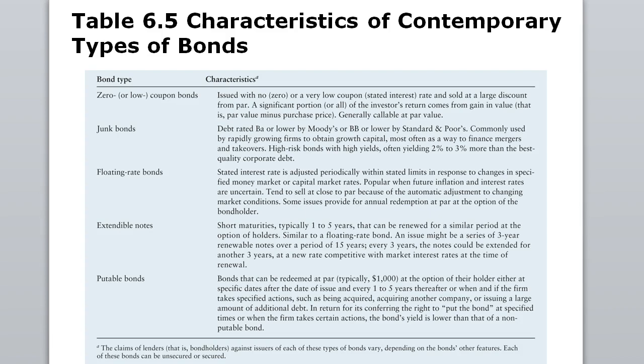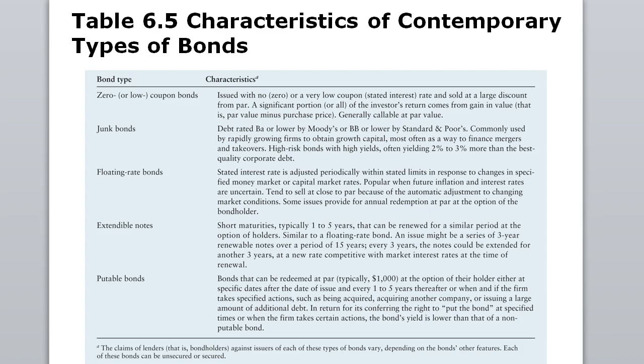Extendable notes have shorter maturities, typically 1 to 5 years, that can be renewed for similar periods, with options based on the holder. So they're similar to floating rate bonds in that every so many years they get restated and renewed at the more current interest rate. And puttable bonds are bonds that can be redeemed at par at the option of their holders, either on specific dates or after the date of issue, every 1 to 5 years thereafter.